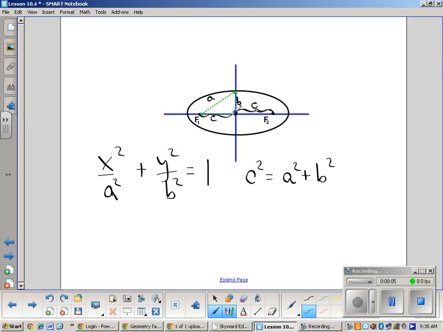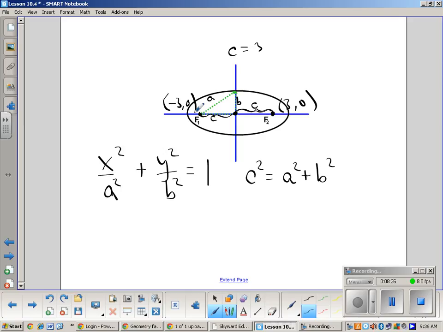So if that distance was 3, let's just pretend for a moment that C is equal to 3, then what would the coordinates of that focus 2 point be? 3, 0, right? What would the coordinates of the F1 focus point be? -3, 0. That's correct. And this one would be -3, 0.